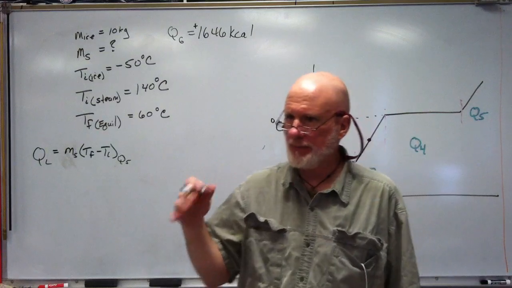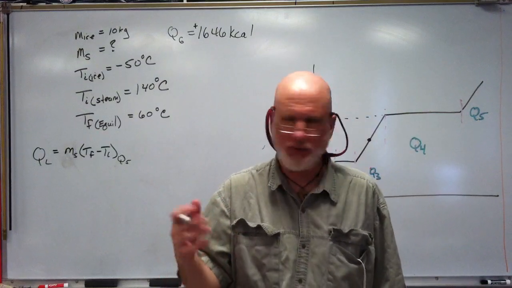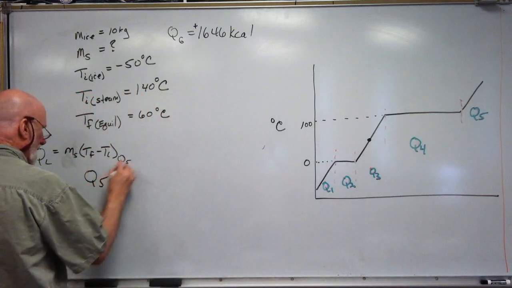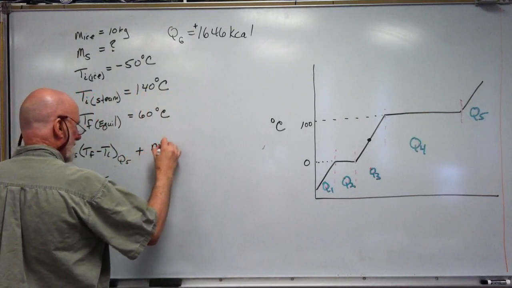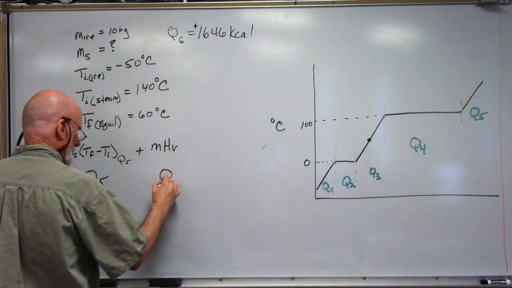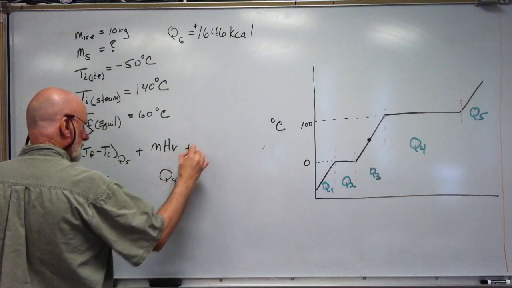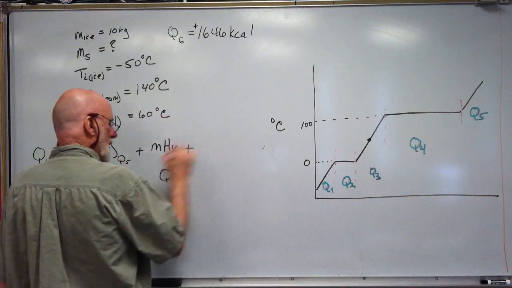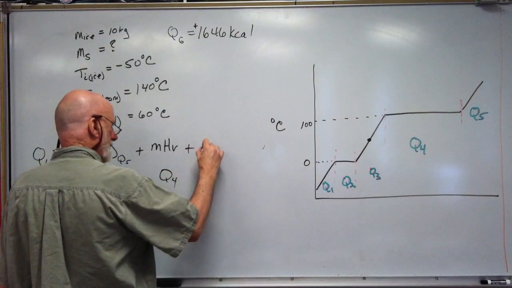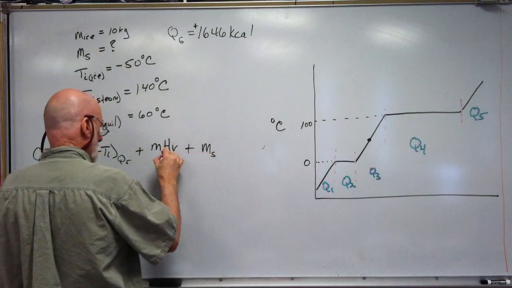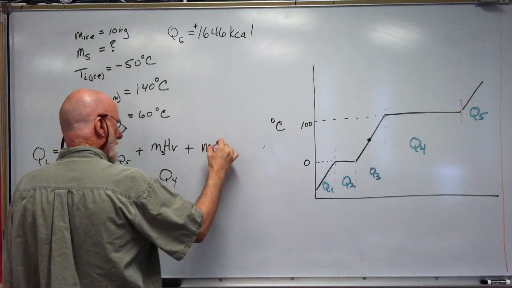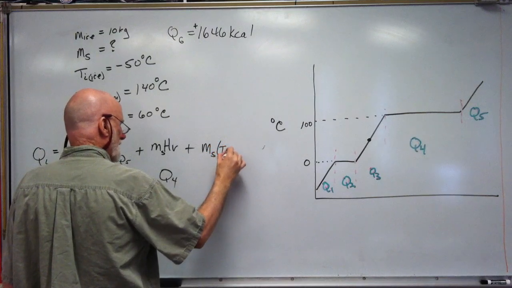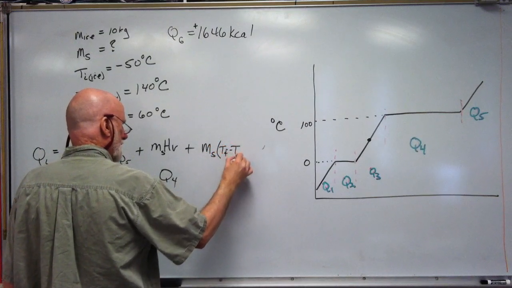That's the subscript. That's the change in temperature for Q5, right? And then that's going to be Q5 plus M H_V, Q4. Again, negative, negative, right? And then what? M steam, right? Times T final minus T initial.